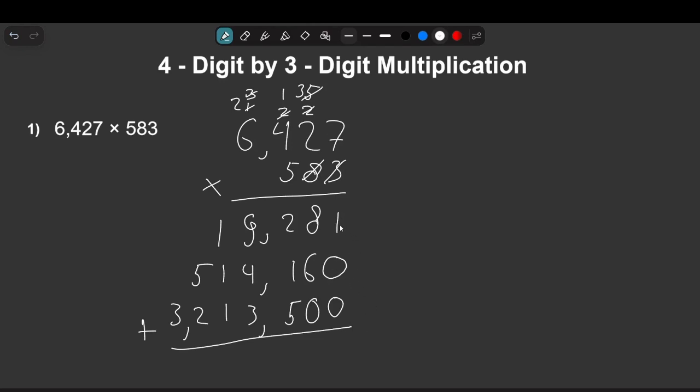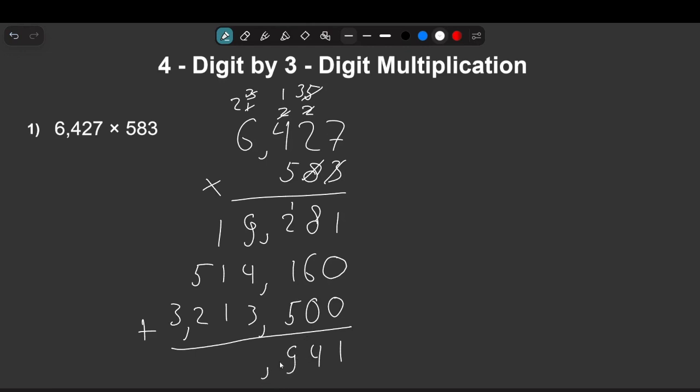So we're going to do 1 plus 0 plus 0 equals 1. Now we're going to do 8 plus 6. 8 plus 6 equals 14, so we're going to write down the 4 here and carry over the 1. Now we have 1 plus 2 equals 3, plus 1 equals 4, plus 5 equals 9, like this.